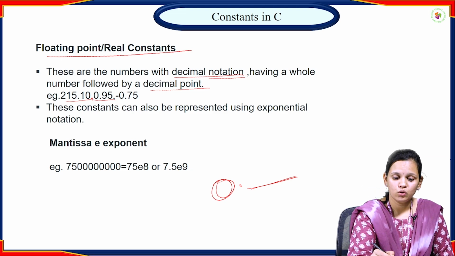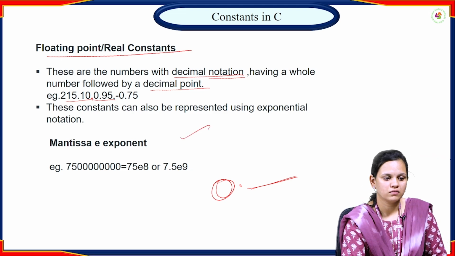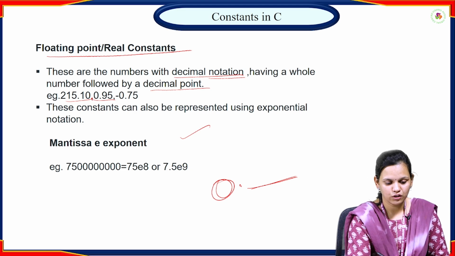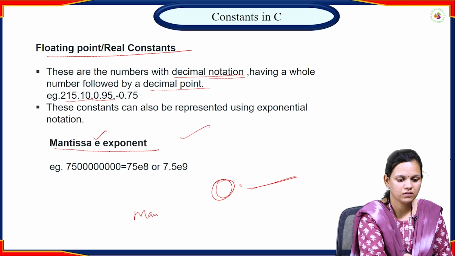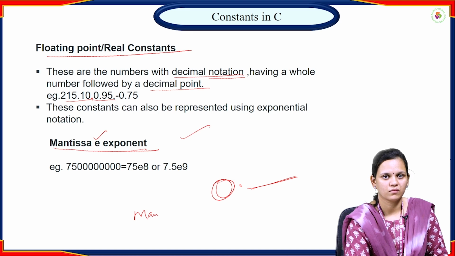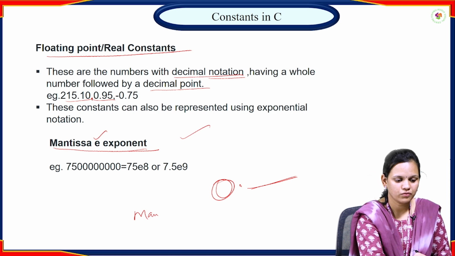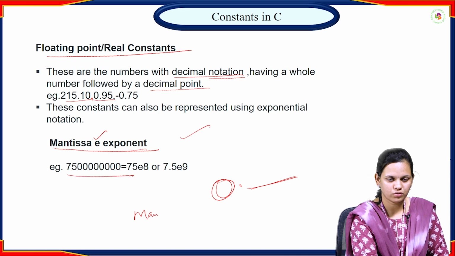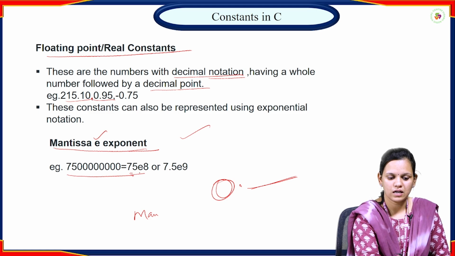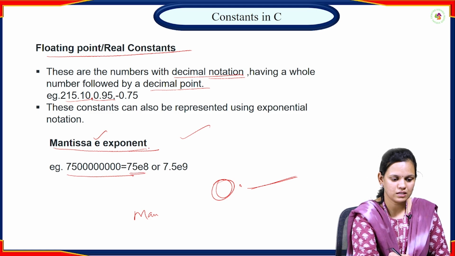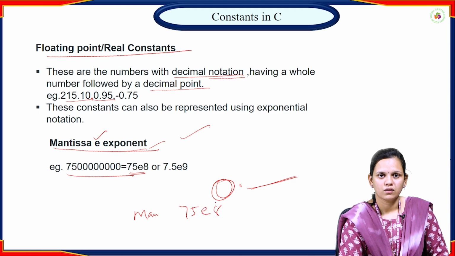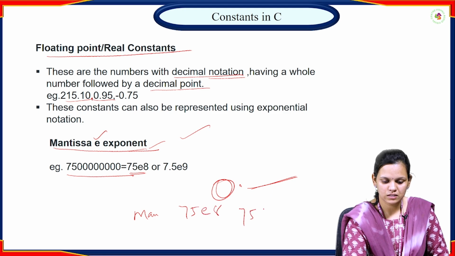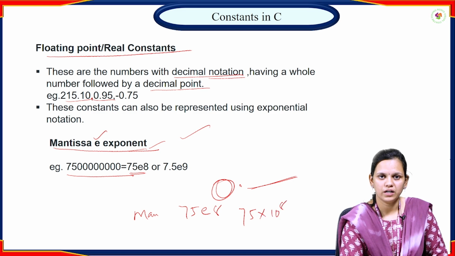You can also represent these real constants in the form of mantissa E exponent. For example, you can write 75E8, that is 75 into 10 power 8.